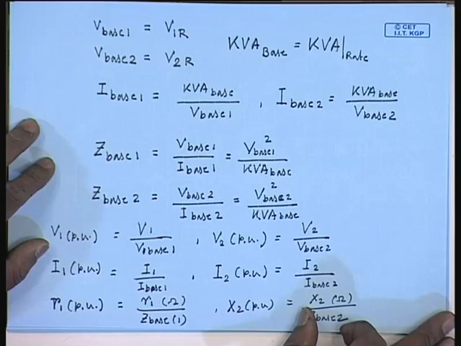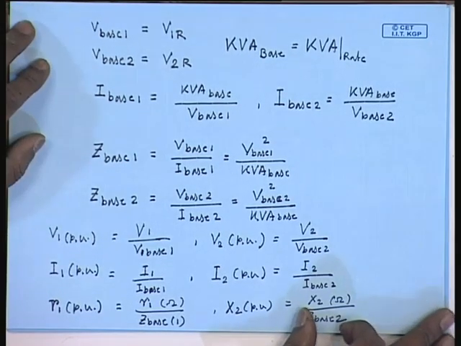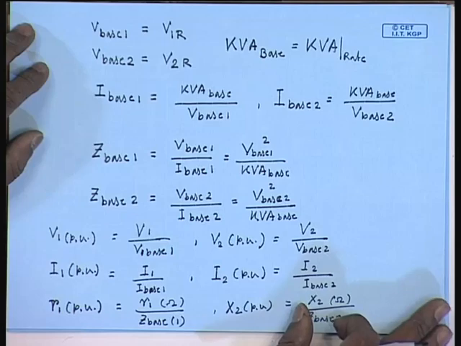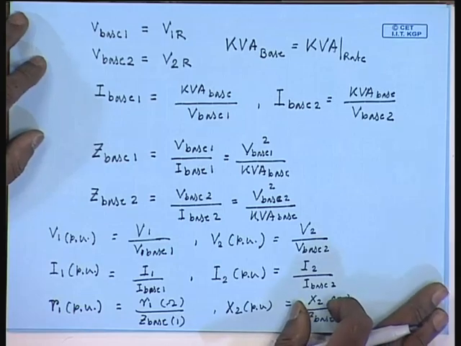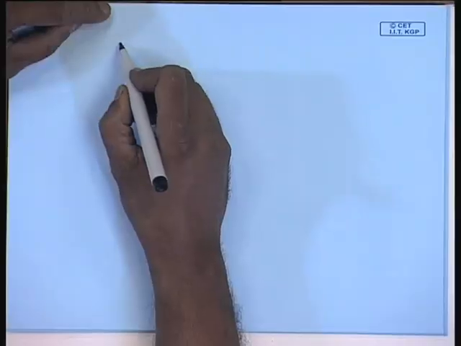Now, how does defining these base quantities and per unit values help to achieve a single unique equivalent circuit of a transformer? Let us see. For that, let us consider the exact equivalent circuit of the transformer referred to the primary side.